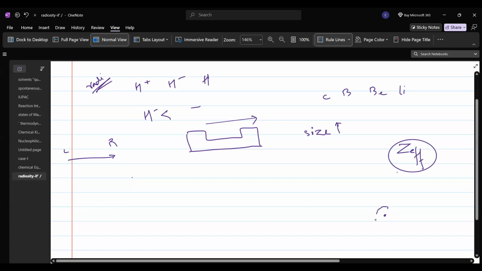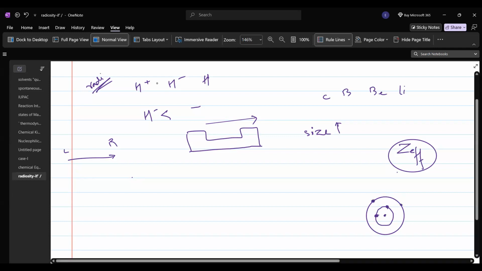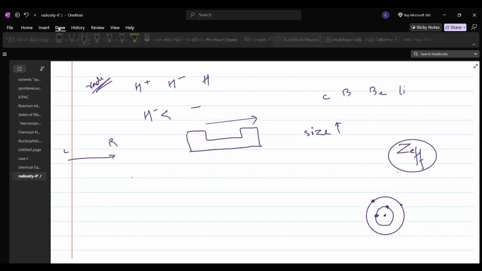So what is happening is, this is two electrons, right? Let's assume we have one electron here. These two, let me show you the electron here, it may be more helpful for you.